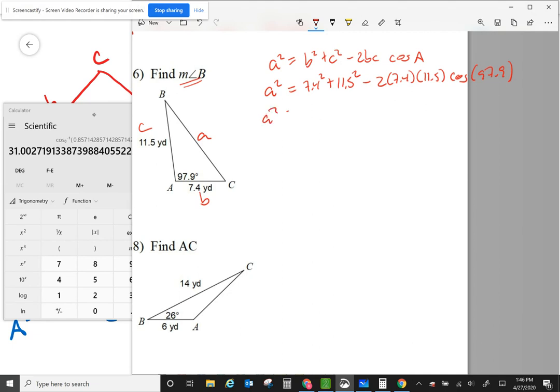So I have that A squared is equal to 54.76 plus 132.25 minus 2 times 7.4 times 11.5, which is 170.2, times cosine of 97.9.